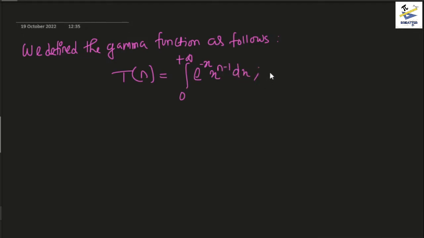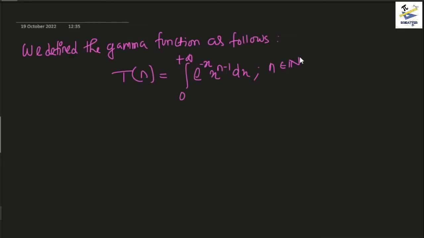And we defined it for natural numbers, right? So gamma of n is the integral from 0 to positive infinity of e to the power minus x, x to the power n minus 1 dx. This was gamma of n.